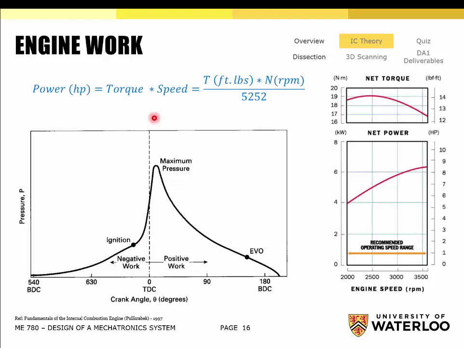Why does that happen? This is a difficult question to think about, but I'll give you a very easy analogy to remember it. Yes? If they have maximum pressure at top dead center, the downward push... Excellent.